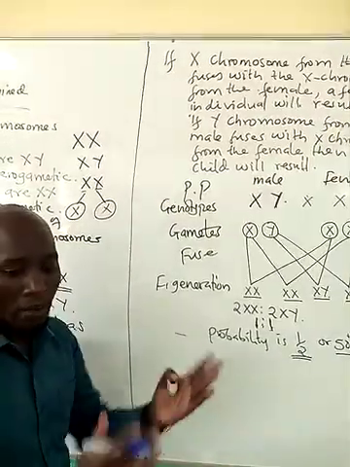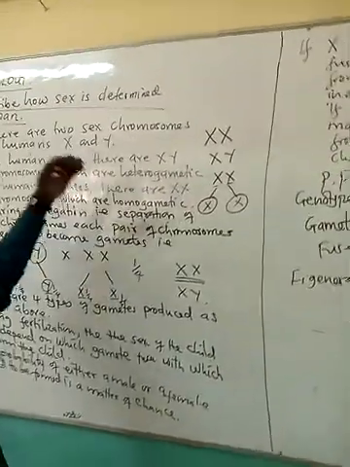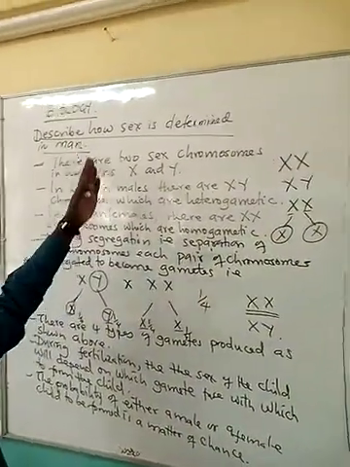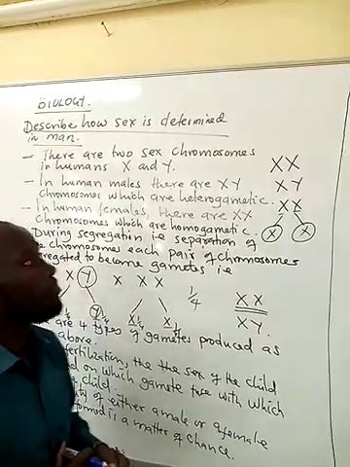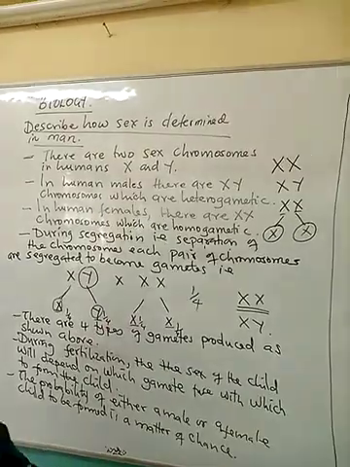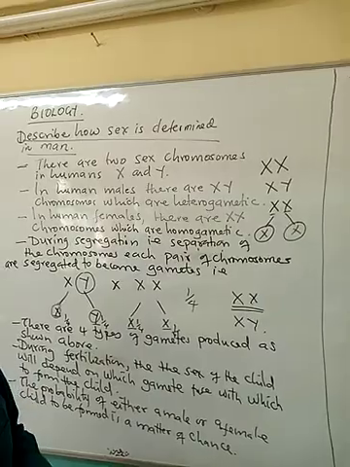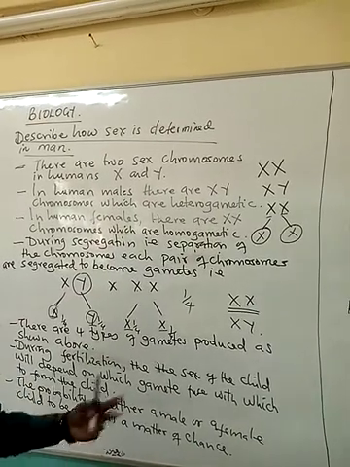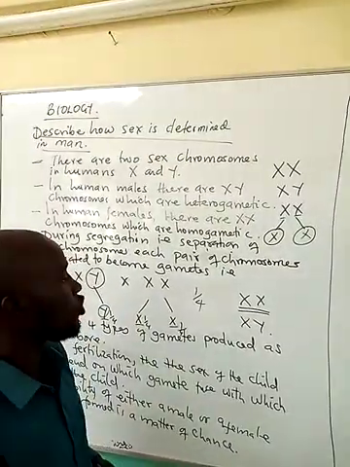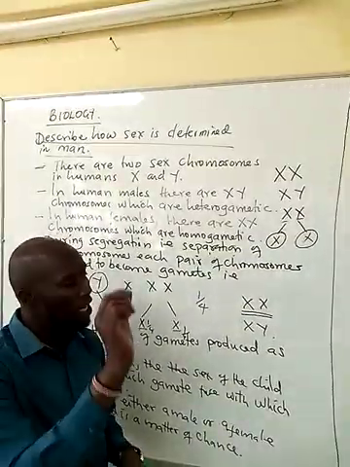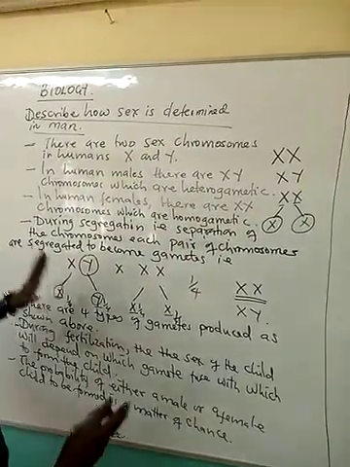So we now know that when we want to determine the sex of a child, we look at the types of chromosomes that are there. We have seen that the males are heterogametic, while the females are homogametic, and they have to undergo segregation so that they form gametes, because we know from Mendel's first law of segregation that characteristics of organisms are controlled by genes that occur in pairs, and only a single one of such a pair is represented in the gamete.